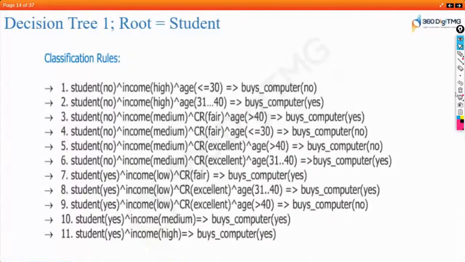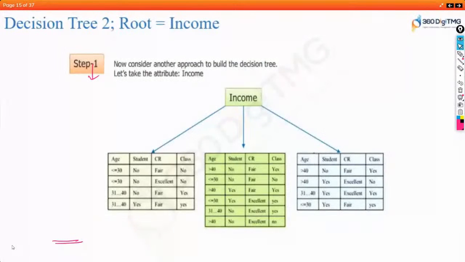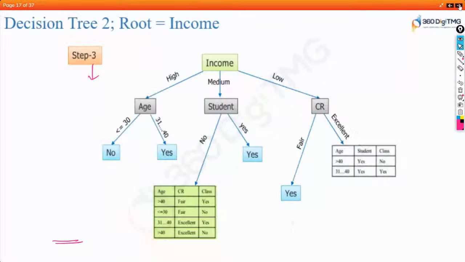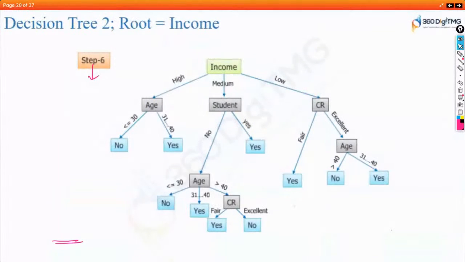We are generating the classification rules. We generated 11 rules when we started the development of the tree with student. Similarly, I can experiment on creating another tree on the same historical data using income now. So we keep generating like this and we get this tree.